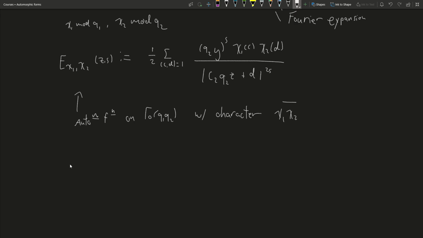And then we're going to define this completed version of this Eisenstein series. So here I'm just going to write chi1, chi2, and I'm going to put an asterisk up here.